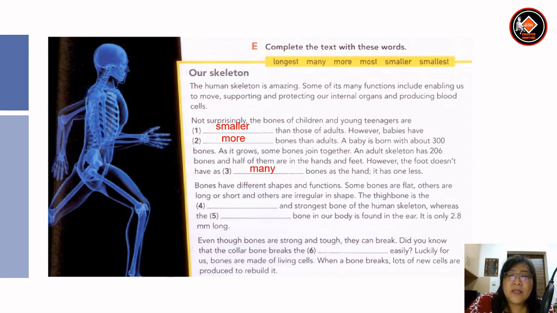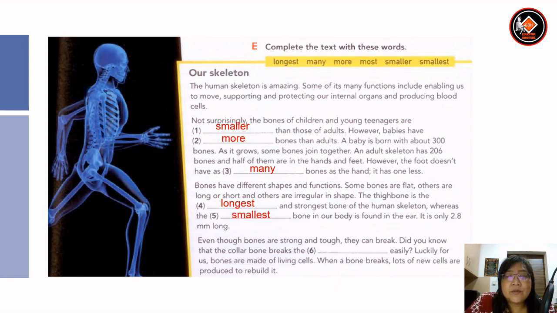Bones have different shapes and functions. Some bones are flat, others are long or short, and others are irregular in shape. The thigh bone is the longest and strongest bone of the human skeleton, whereas the smallest bone in our body is found in the ear. It is only 2.8 millimeters long.